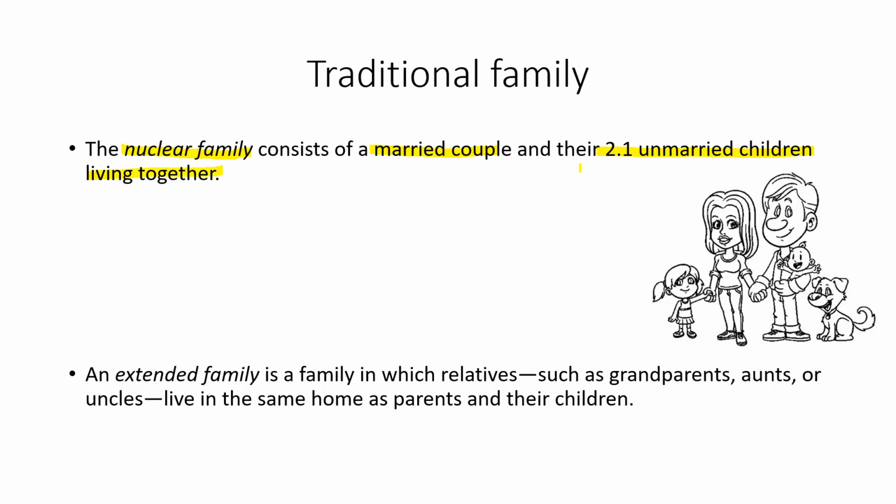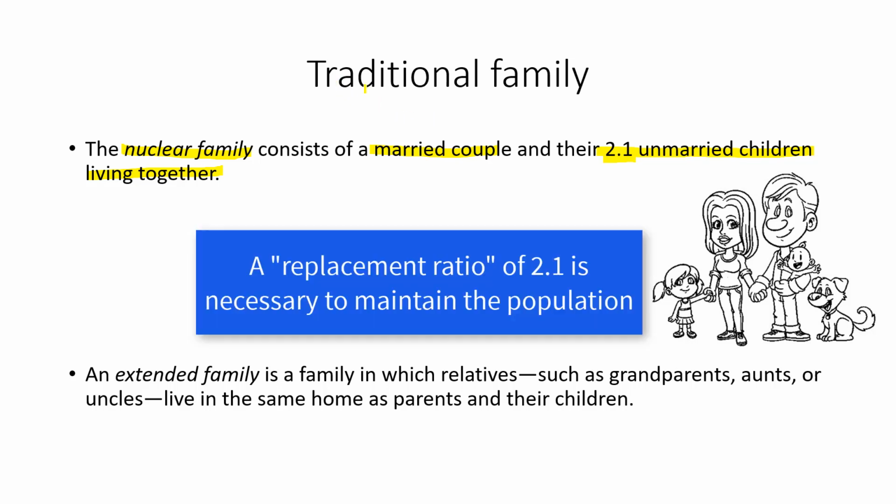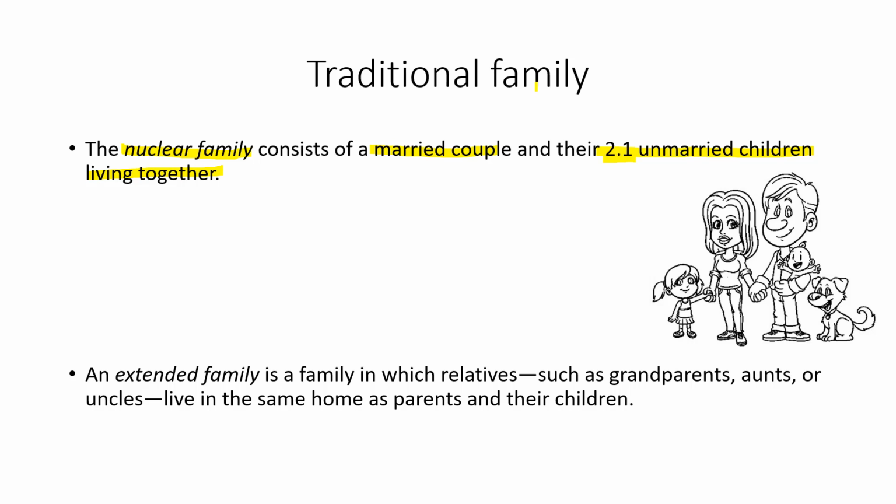Now, I'm being a little bit sarcastic about that 2.1, but that actually is the replacement ratio, which is the number of children that couples would need to have in order to sustain our population. And I'll be referring to that more times down the road in the course as far as the importance of the replacement ratio and the fact that last year the United States had a birth rate of 1.7.